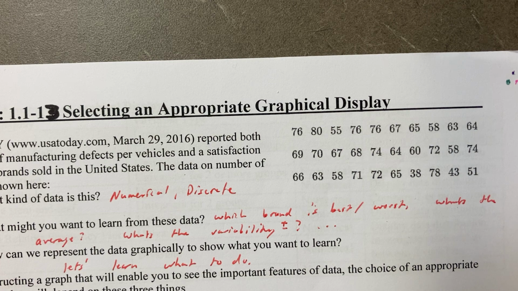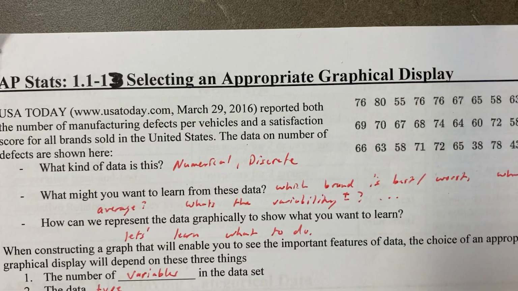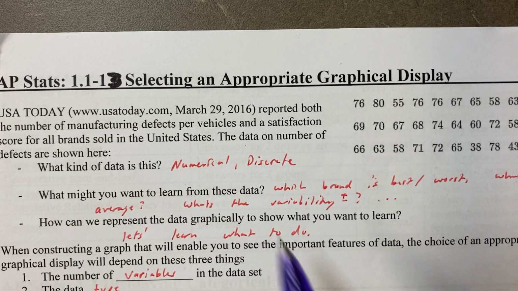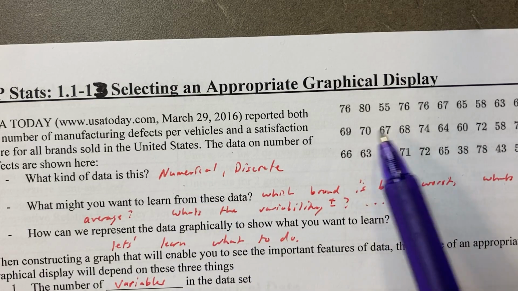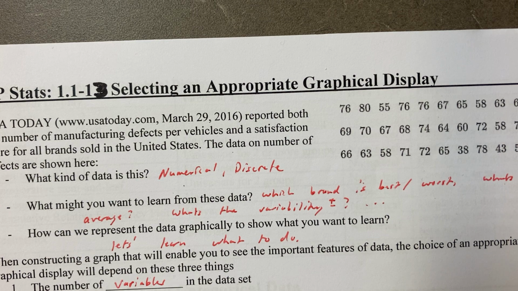So there's really three types of data. What kind of data is this? This is considered numerical because it's a number. Things like height, weight, number of defects, those would be numerical. You can give a number to them. Another thing with numerical data is that you can find an average.